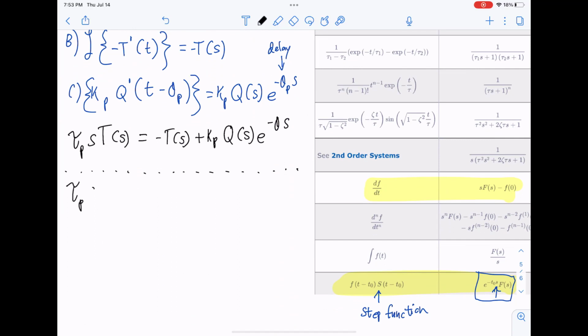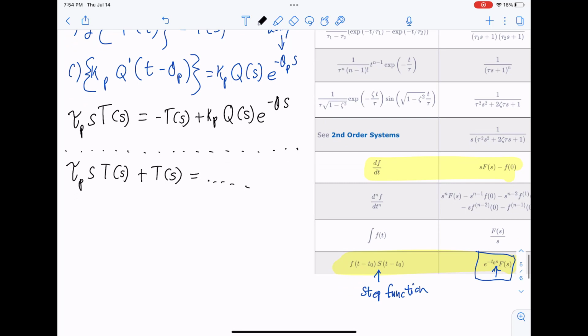So we have tau p s T of s plus T of s is equal to, actually I won't even bother writing all that. Well, notice that could be written in the form tau p s plus 1 times T of s is equal to all that junk again.